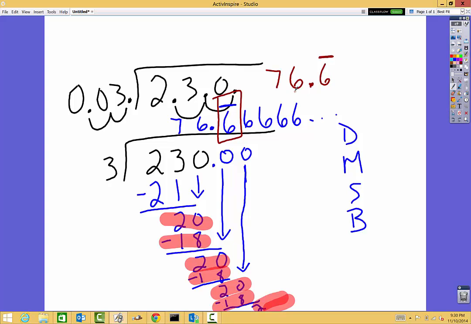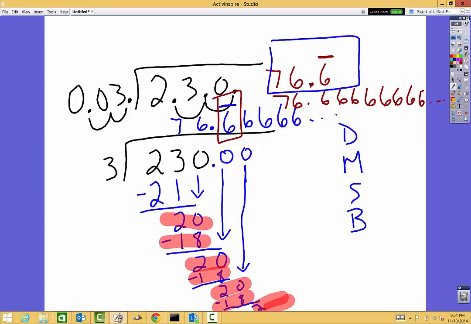So that means this number is the same as 76.666666666. But since we don't want to write it forever, we just abbreviate with this bar. So my final answer would be 76.6 with that bar across.